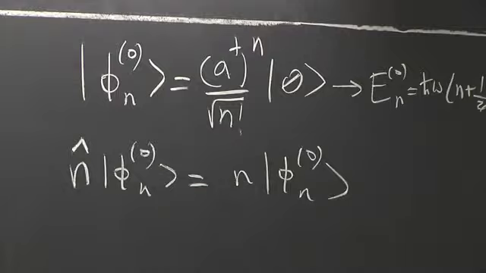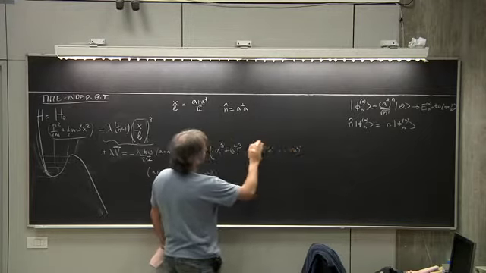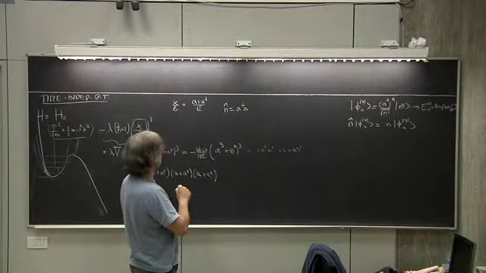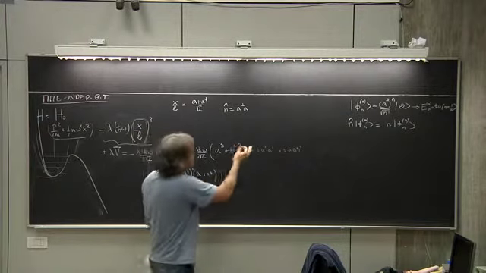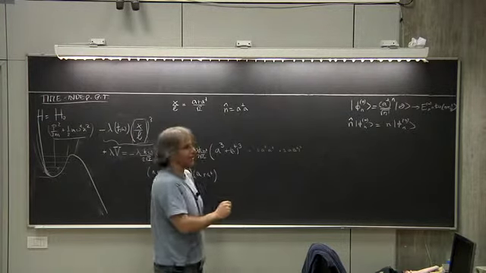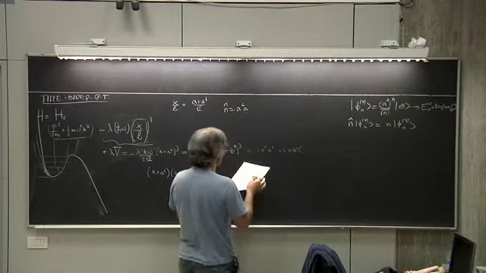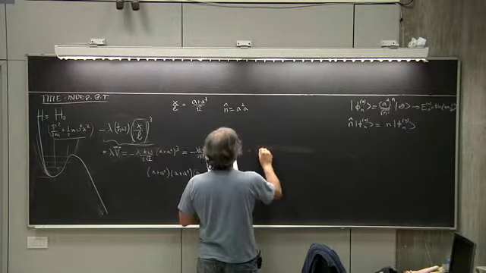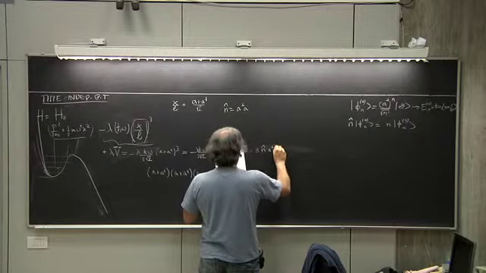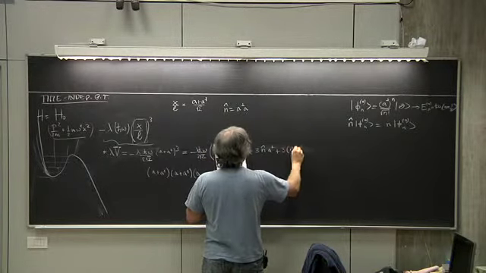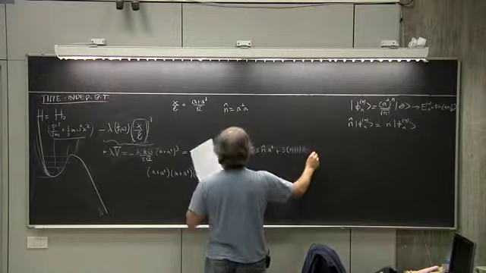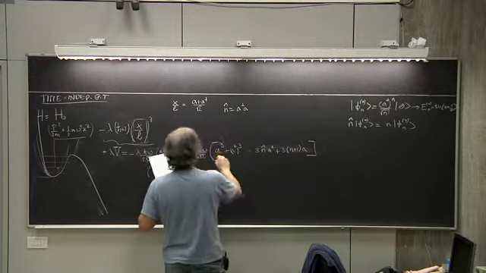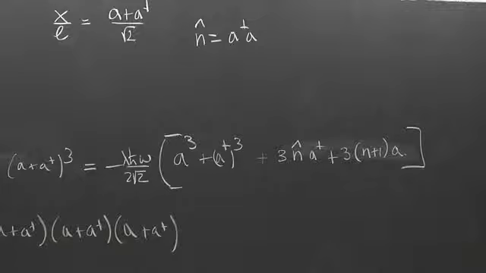You see A dagger A is there, A dagger A is there. It's simply sitting in an arbitrary position if I write this way. So we have to account for it correctly. The result is the following: plus 3n A dagger plus 3(n plus 1) A. Let us try to see why this is so.